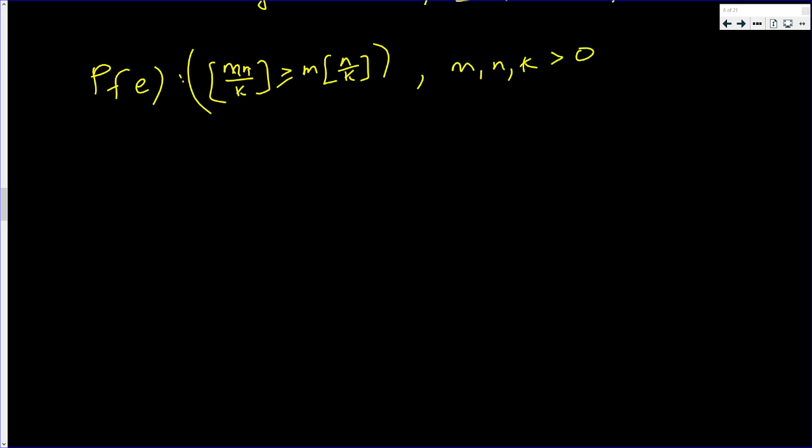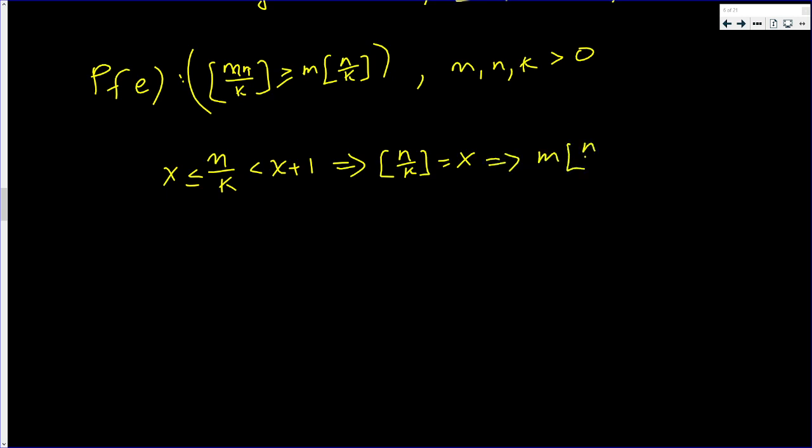Okay. So we know that n over k is in between x and x plus 1. This implies that the greatest integer of n over k is equal to x. That implies that m times the greatest integer of n over k is equal to m times x.